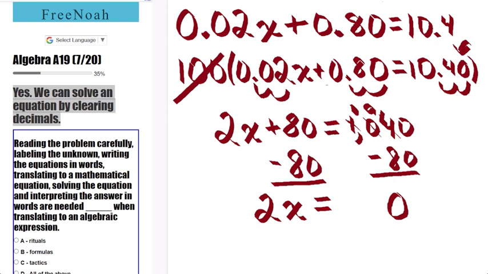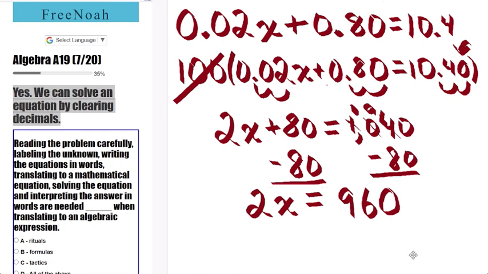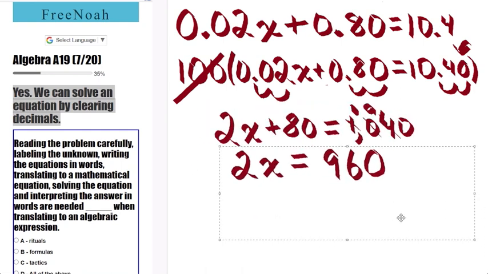So 14 minus 8 is 6. 9 minus 0 is 9. And then we have 0, simply dropping. So we're left with a difference of 960. But the x is still not isolated.